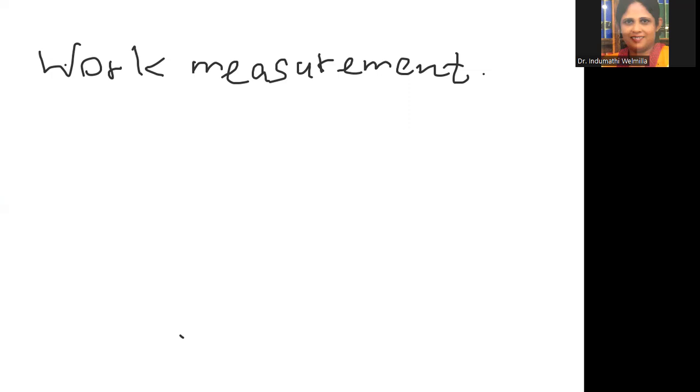Work measurement is very important because the time taken to complete any job is the time which a qualified worker, one with the physical or mental skills, would take if working without overextension throughout the normal period while applying himself or herself to the job.